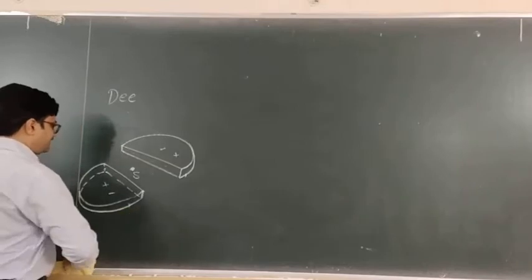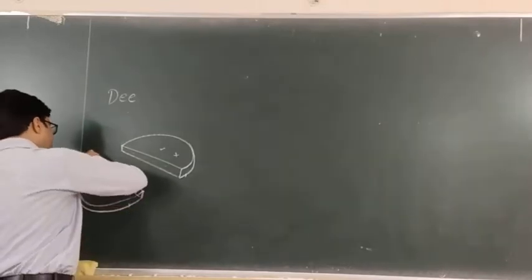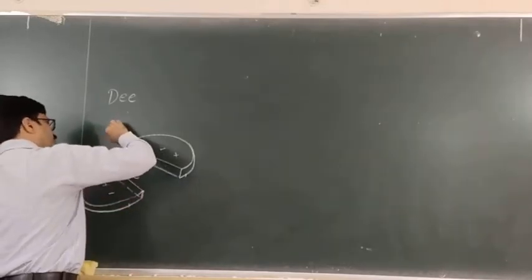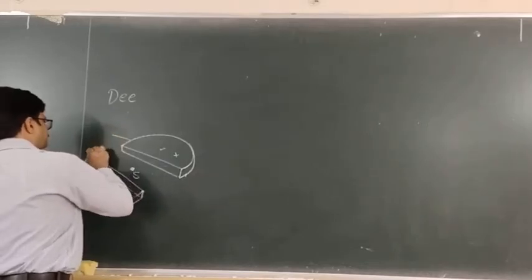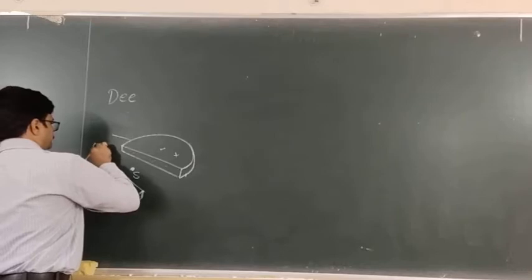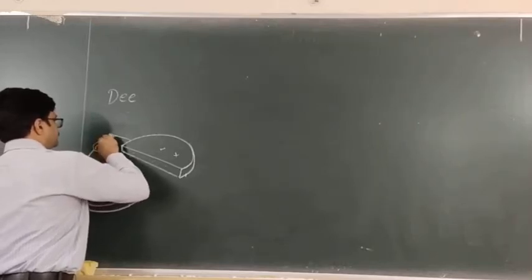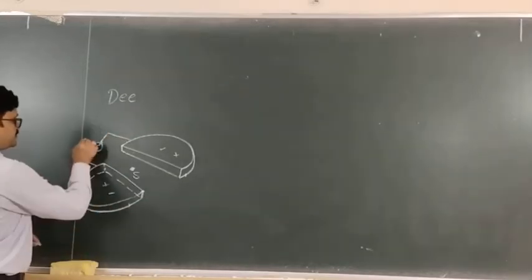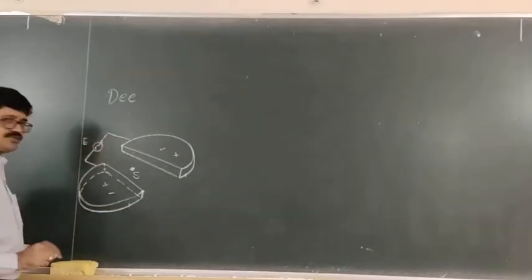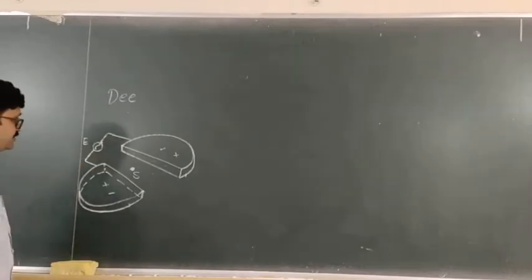Now let me place this alternating electric field properly oriented like this. This is an alternating electric field here. Let me name that alternating source E.